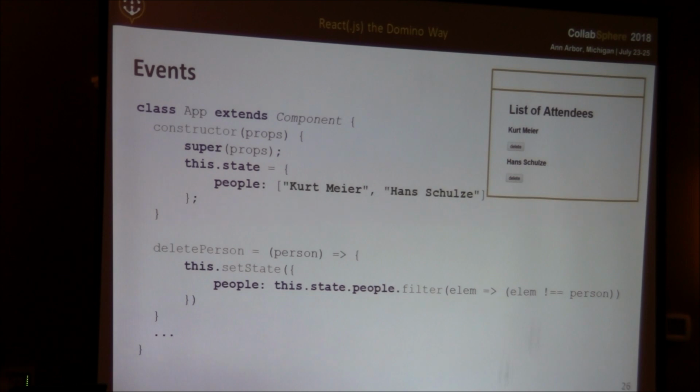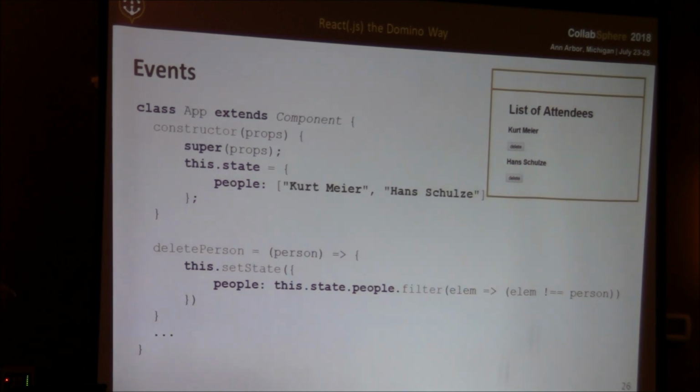Okay. So far it was easier just to show things. Now it's getting more interesting with events, how this works. I want to add a delete button here to delete the Meyer or the Schulze. For this, I have to make the list of users flexible.